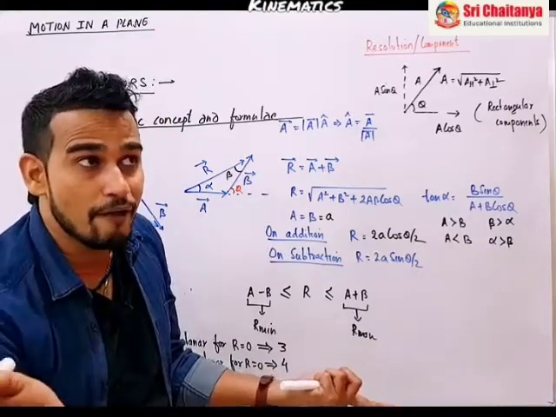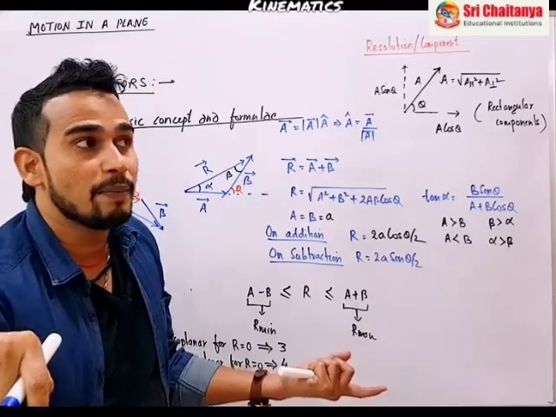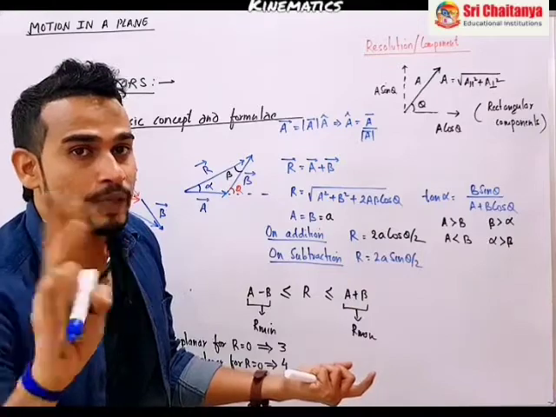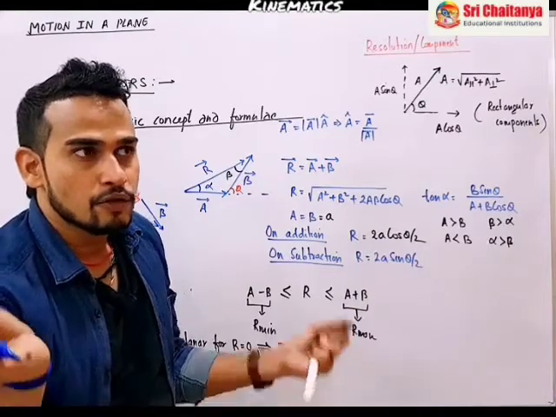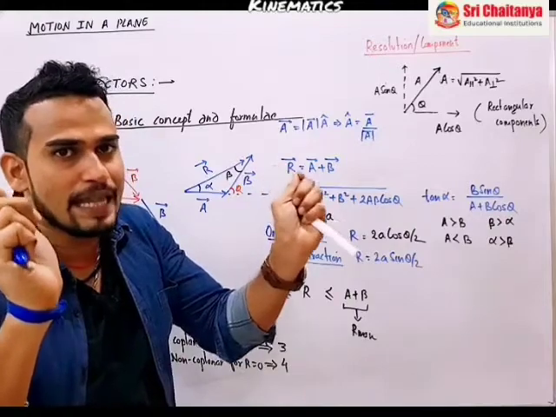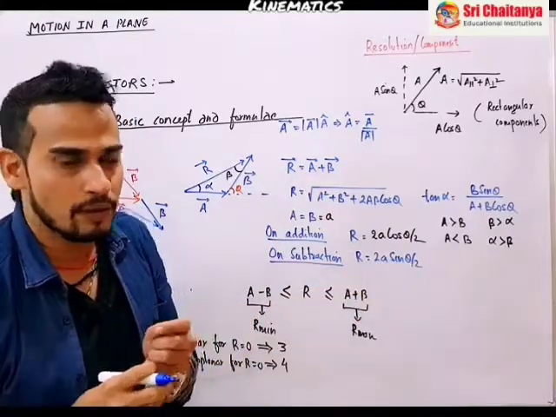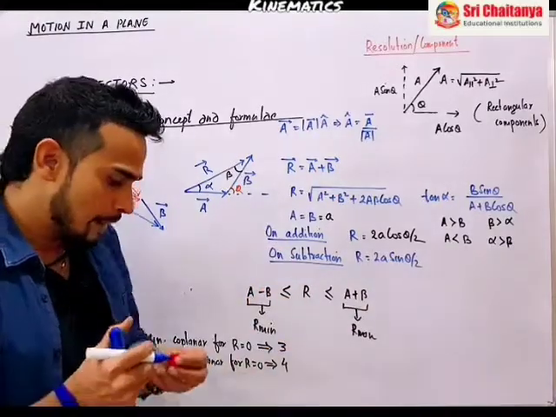So 3 and 5 means the maximum value will be 8, and the minimum value will be 5 minus 3, which is 2, larger minus smaller. So all the values between 2 and 8 will be its range. Less than 2 is not possible, more than 8 is not possible. So these questions are asked.